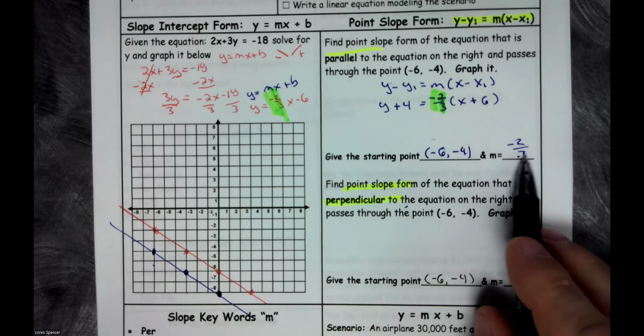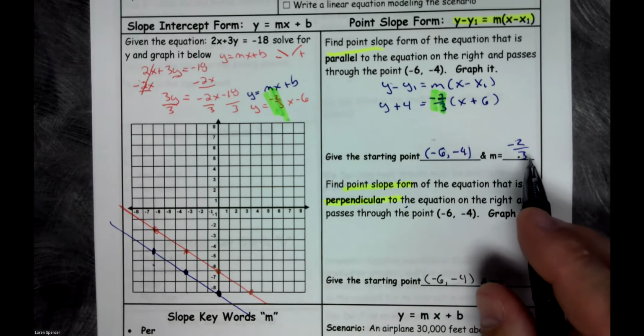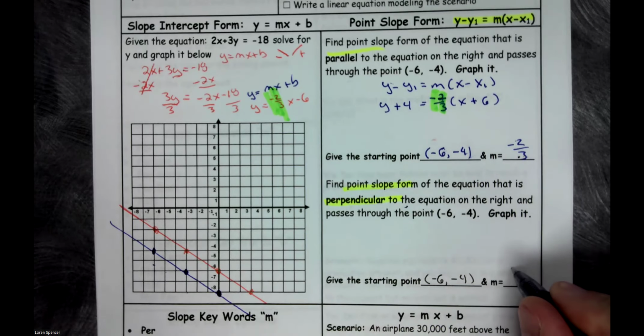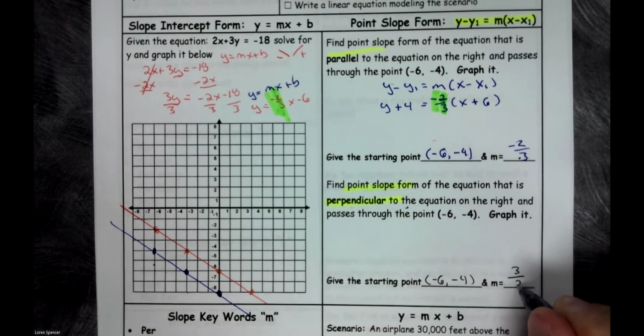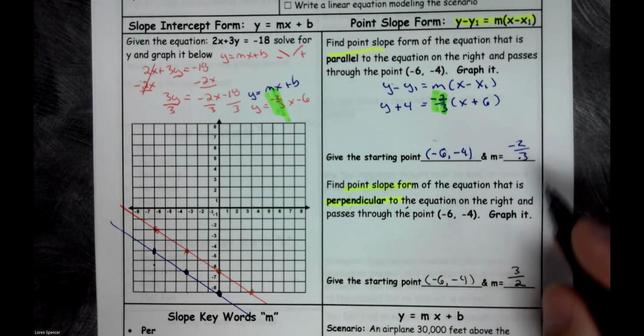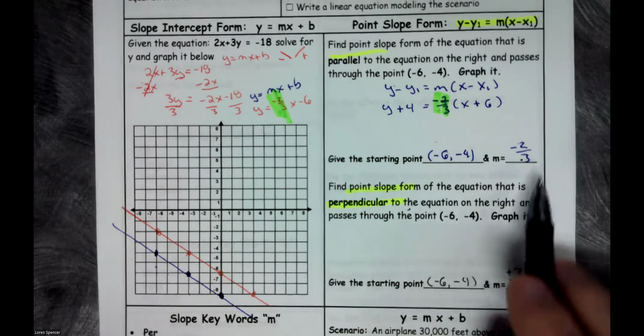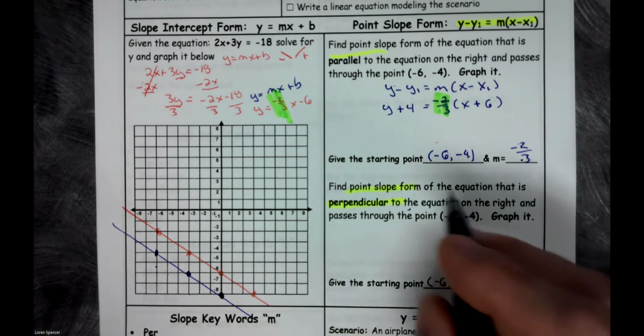But our slope, we're supposed to use this same slope, but it's perpendicular, which means we have to flip it and change the sign. This was negative, so this will be a positive. And technically, you don't have to write the plus sign, but I just wanted to make a distinction between the two.